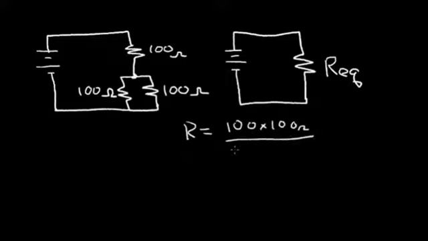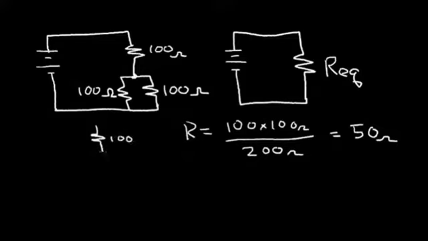divided by the sum, which is 200 ohms, and that is equal to 50 ohms. So we can substitute 50 ohms for these two 100 ohms, and when we do that, we get 100 ohms in series with a single 50 ohm resistor.